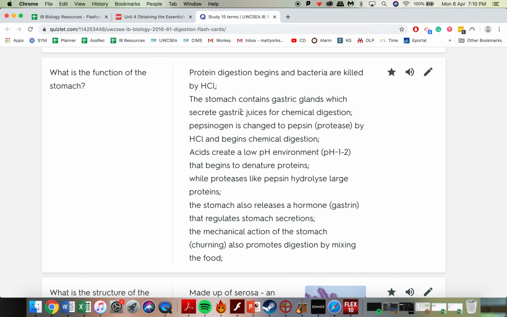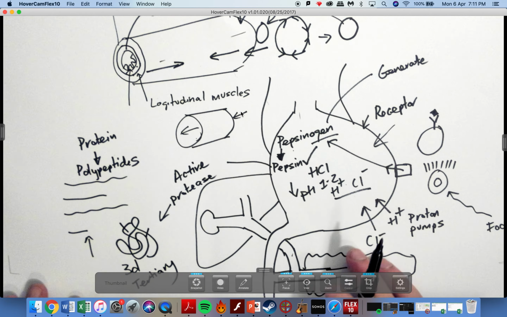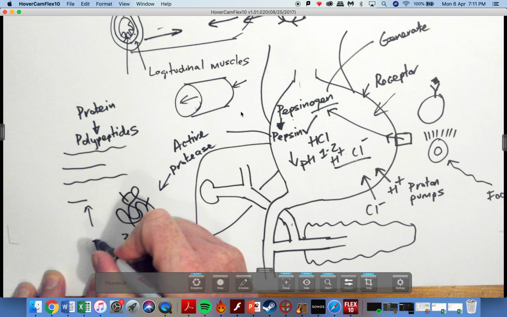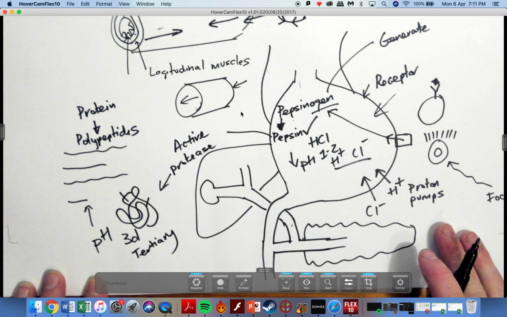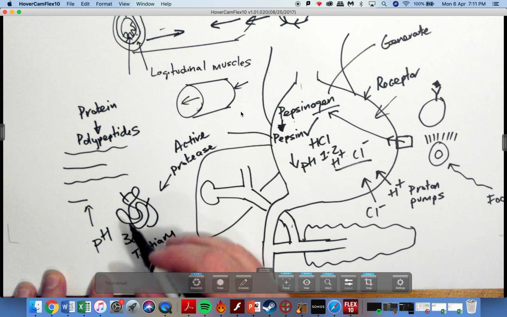So yeah, we talked about the low pH environment. We've talked about the idea that we've got things which are being secreted, and those are by glands called gastric glands. The low pH is going to start to denature the proteins. If we go back, we talked about that pH is one of the factors that affects enzyme activity because they're proteins.